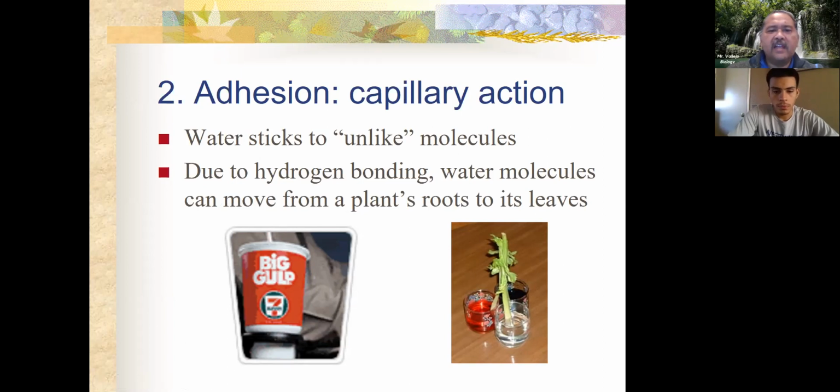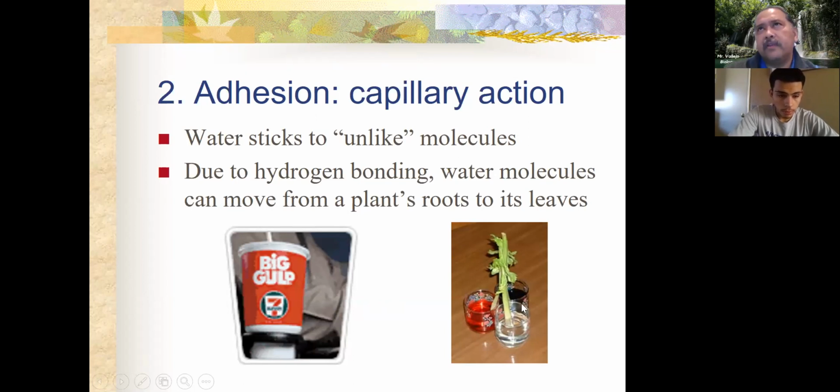In this straw right here, the liquid pressure would push down on the surface of the liquid, and it would go up the straw a little bit, just a very tiny bit. But the level of the liquid in the straw is higher than the level of the liquid in the whole cup, and that's capillary action. So water can go up a plant due to capillary action.